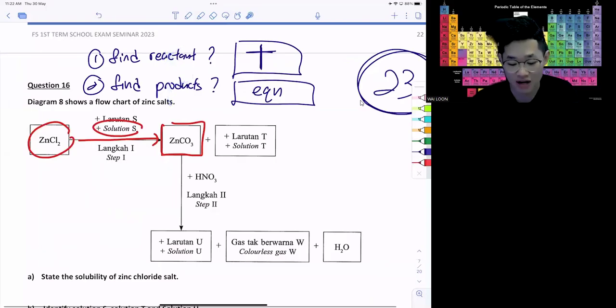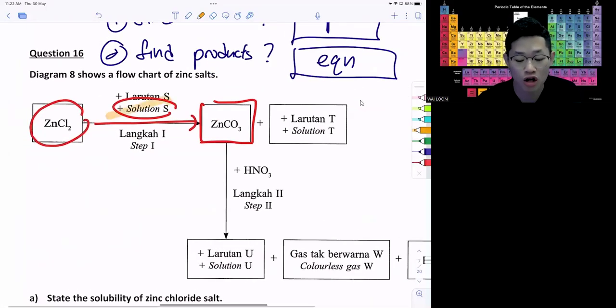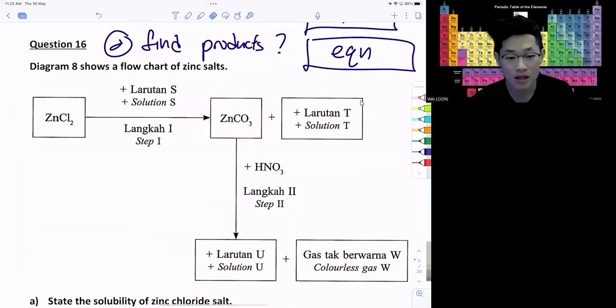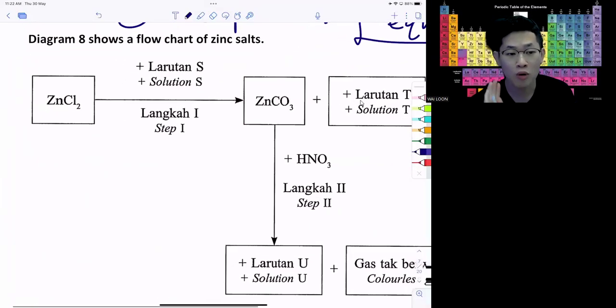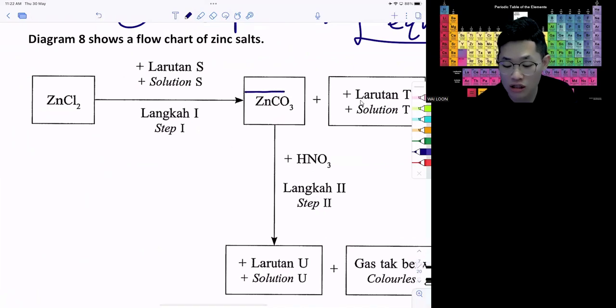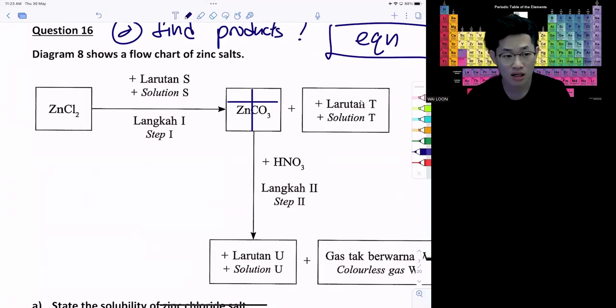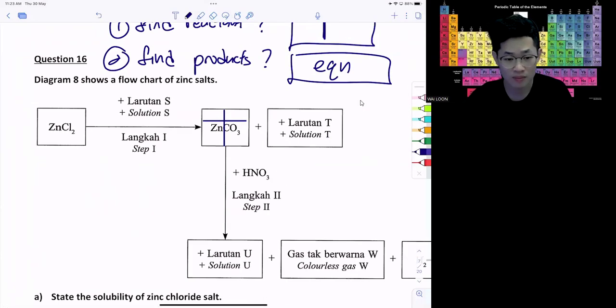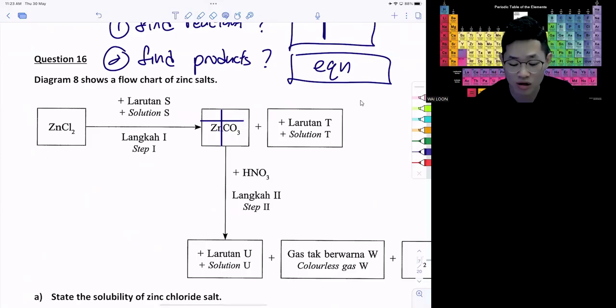Yes, it's a reactant, right? So I have to use a cross to find the solution S. And then remember, we put the cross on the product. Whatever salt you want to make, you put a cross on top of it, like what we did earlier on. I want to get zinc carbonate, I put a cross on zinc carbonate.